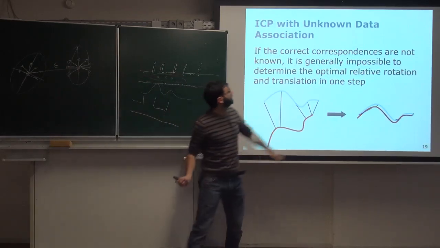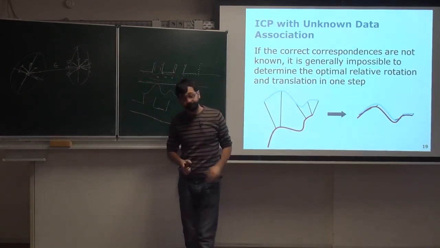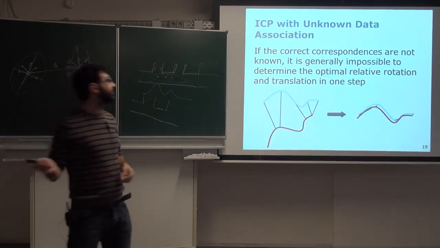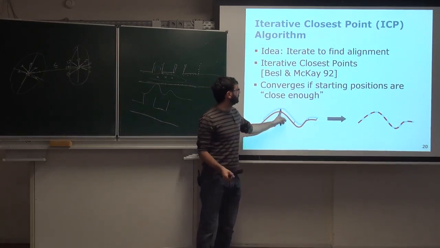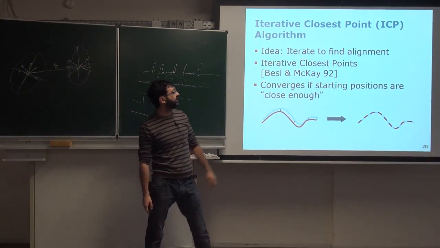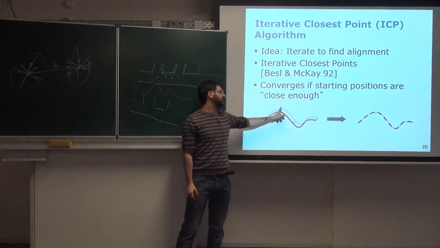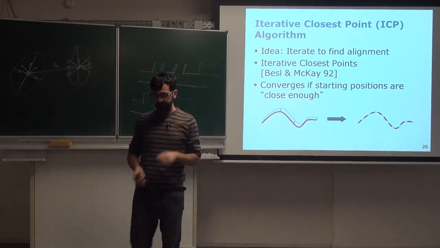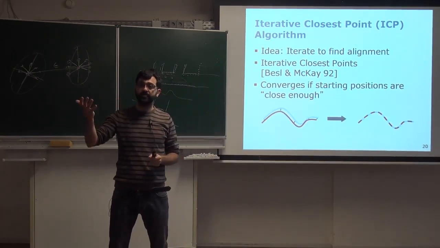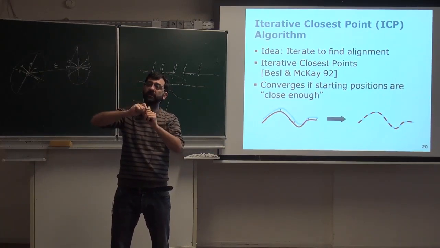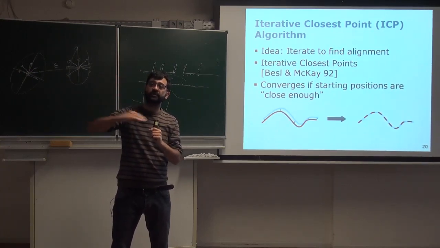When we don't have known data association, we need to look for correspondences. As I said before, the original way is you get the closest point and you converge if either these are close enough, or another way of convergence is if the associations do not change. Whenever we don't change the association between points from one iteration to another, it means that the minimization will give us the same solution that it gave before.